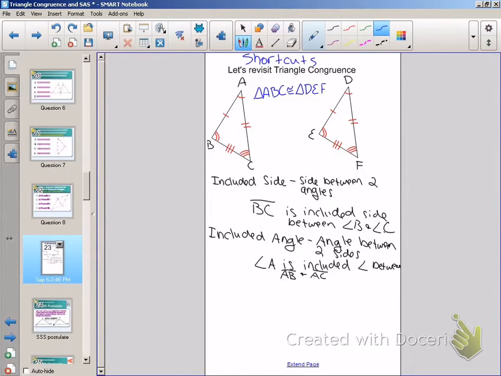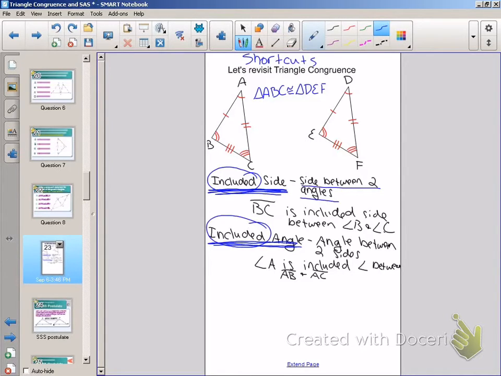Before we go too far into this, I need to talk about some terminology I'm going to be using. The first one is an included side and an included angle. Included means that it is between two things. So if I talk about an included side, I'm talking about a side that is between two angles.